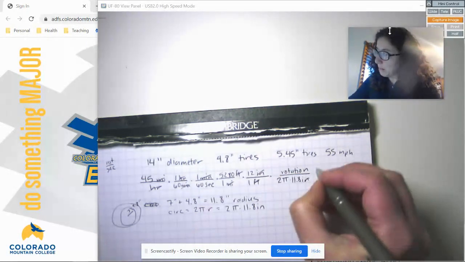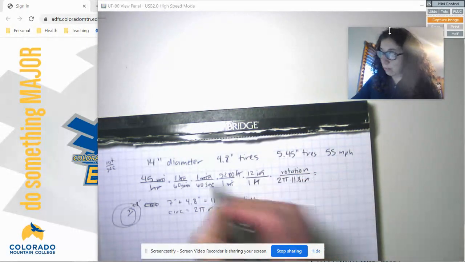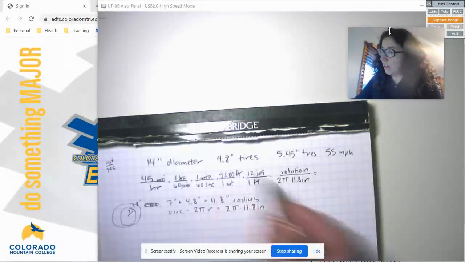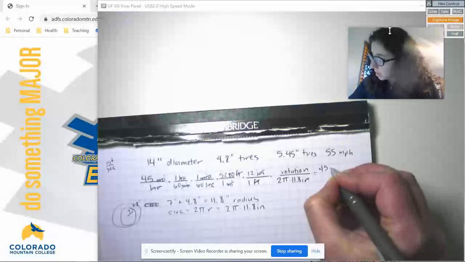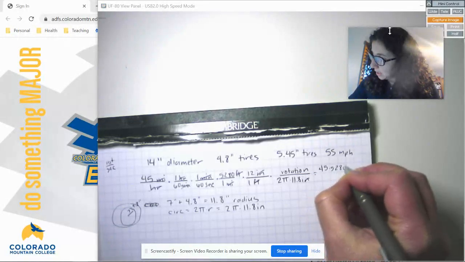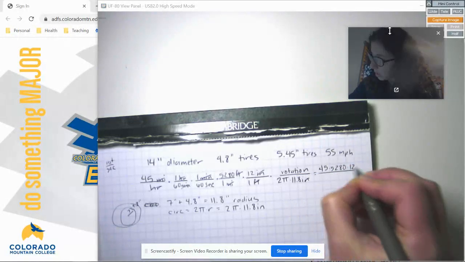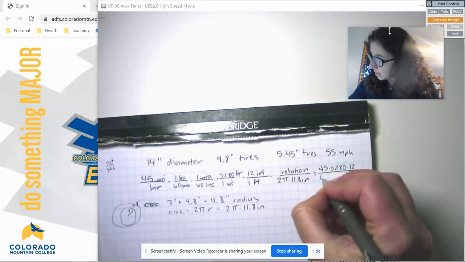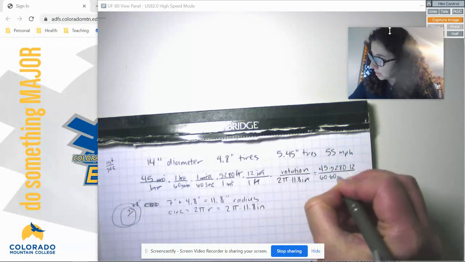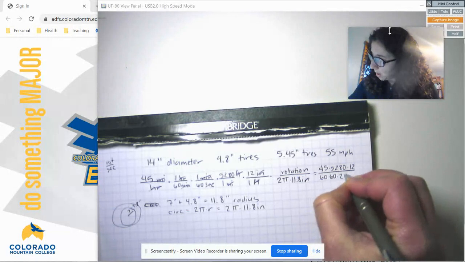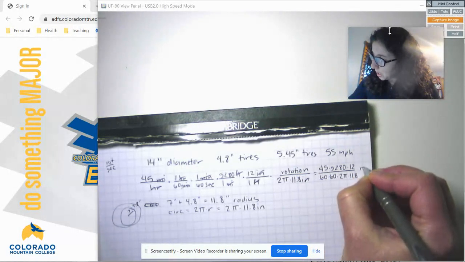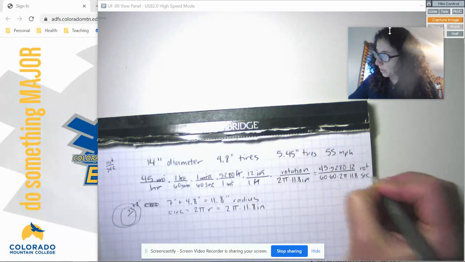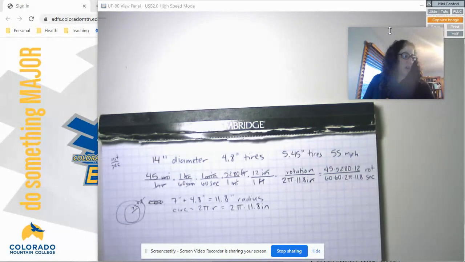So now my units are in rotations per second. Perfect. So I still have a bunch of numbers. 45 times 5280 times 12 divided by 60 times 60 times 2 pi times 11.8. And this is going to be rotations per second. So I could put all that in my calculator and get the answer for my first part, right?